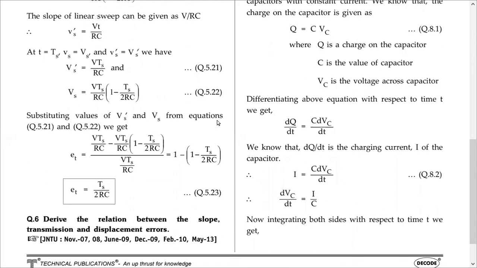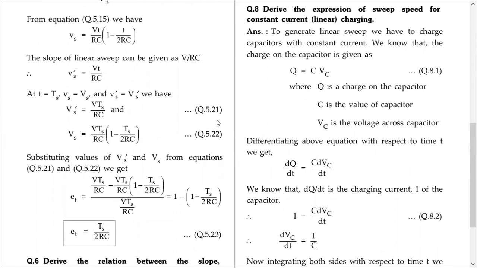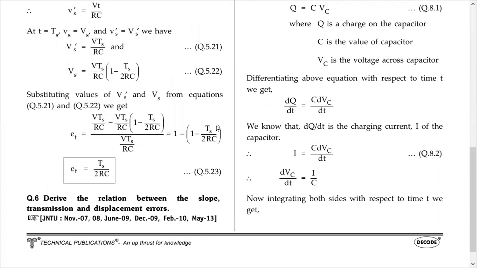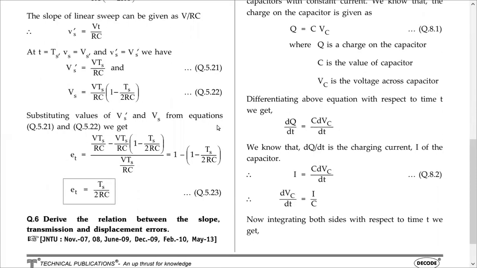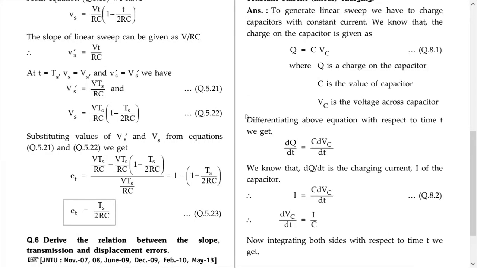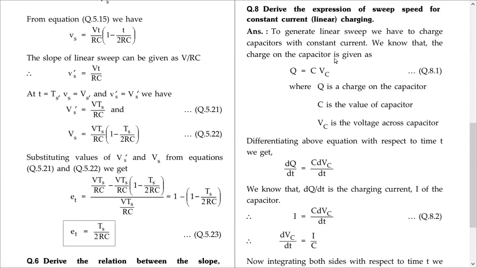Very important point: when we charge a capacitor by using constant current, we know very well that capacitance is charge per voltage, or charge Q is capacitance into voltage.